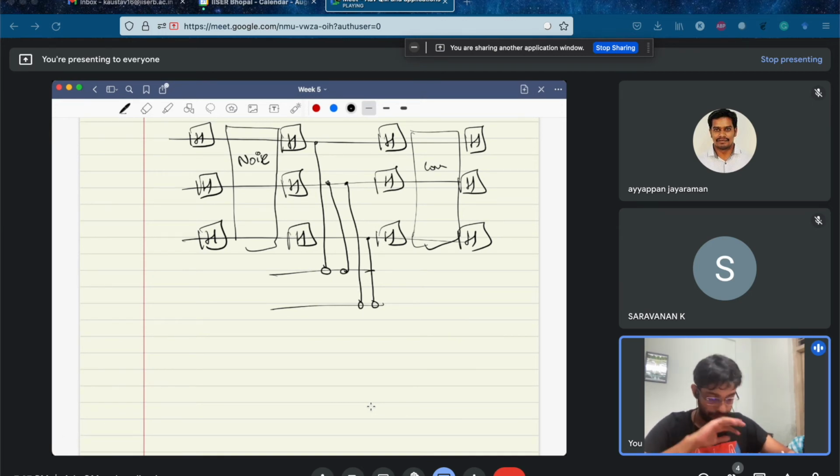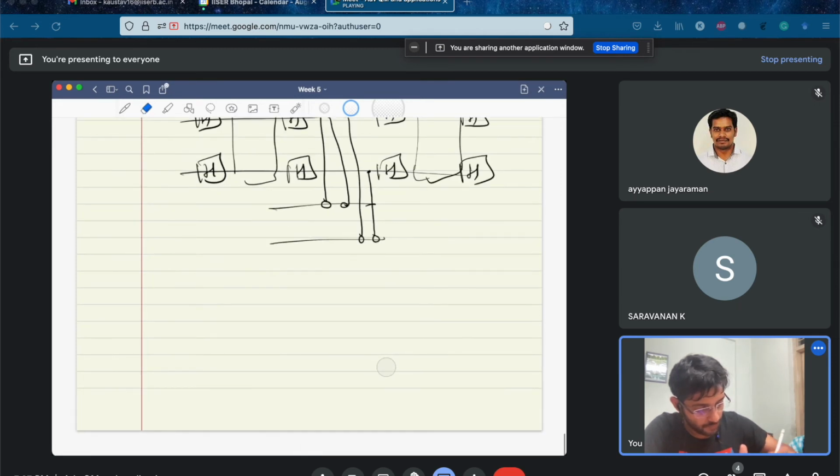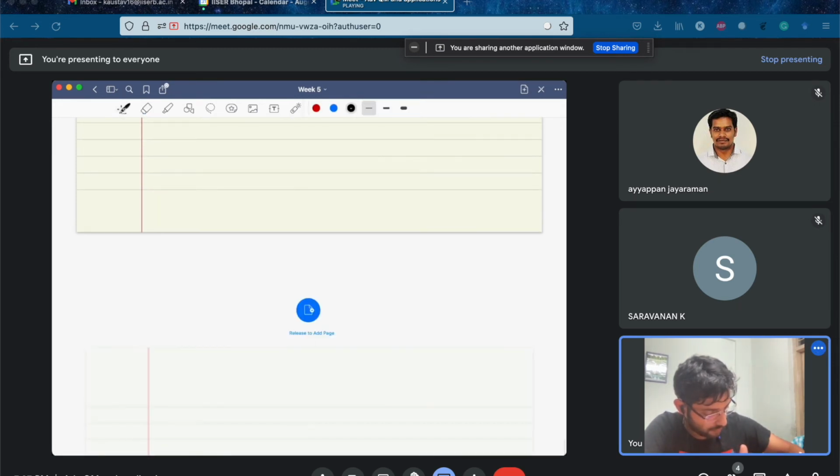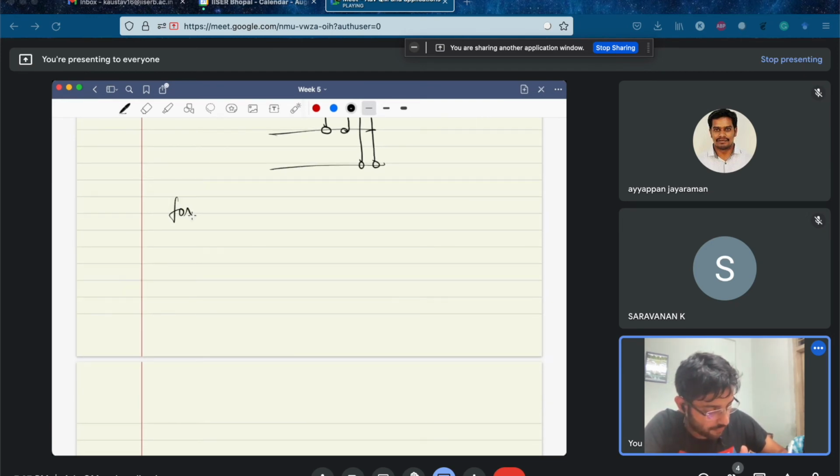For a 3 qubit code, your bit flip error can actually be understood from operating this kind of operation.